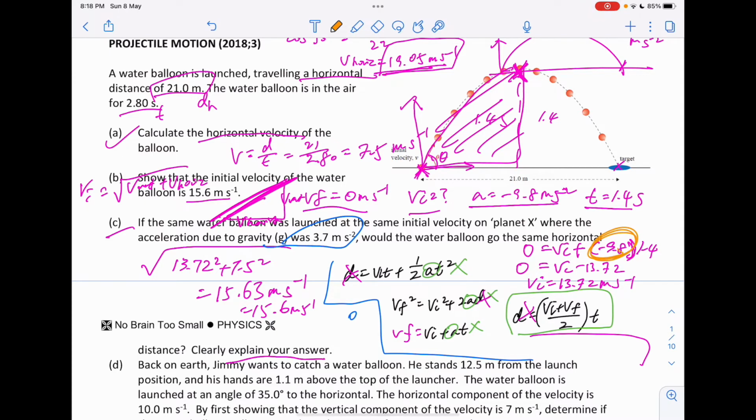In this case, this is 3.7. So this value will be smaller. And this will also be smaller, right? Because minus 3.7 is bigger than minus 9.8. So when it's positive, it's smaller, right?